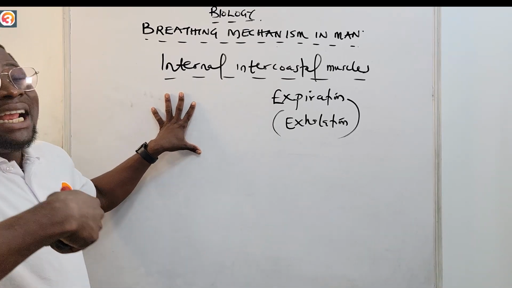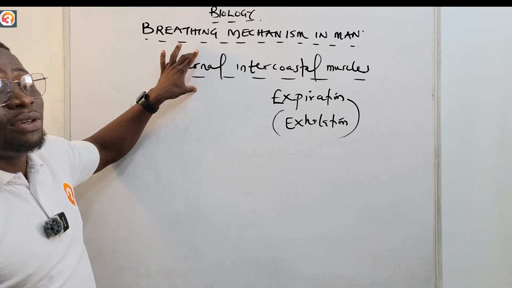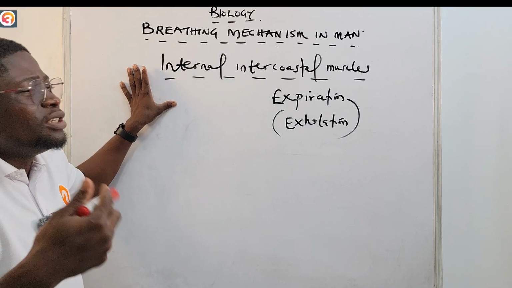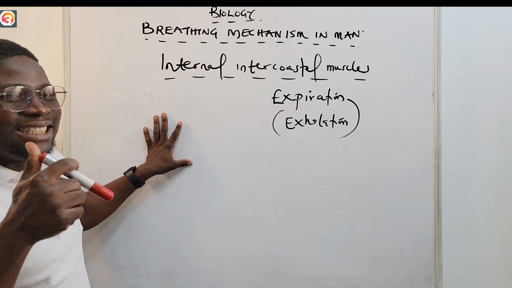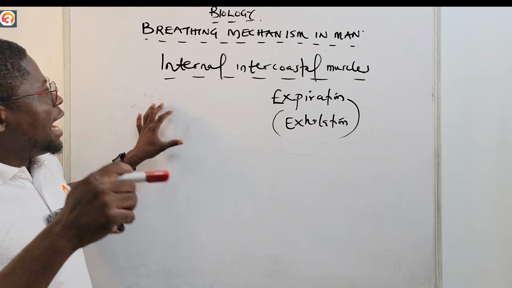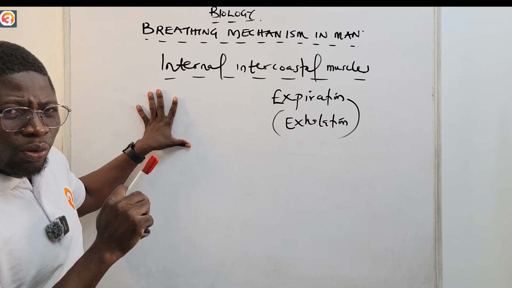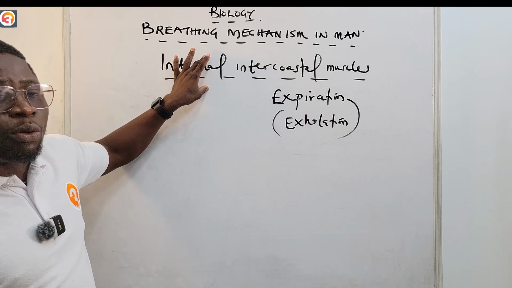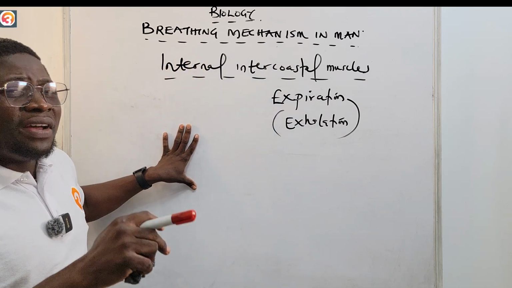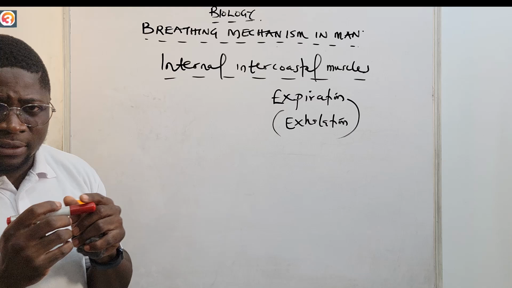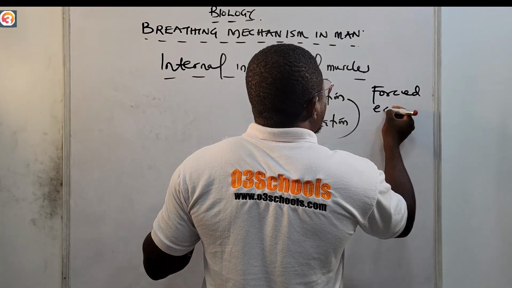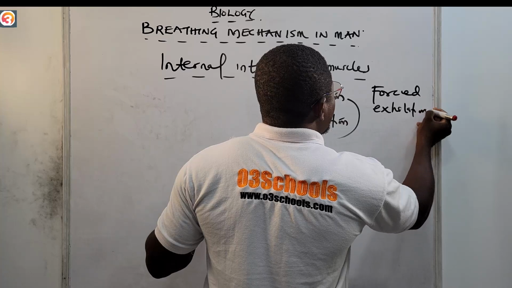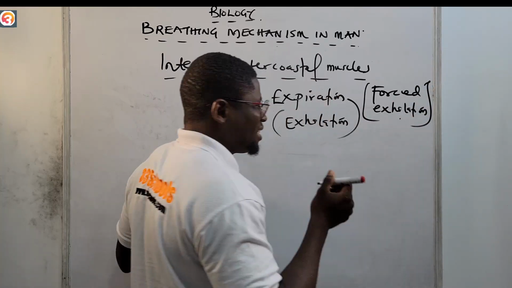So the internal intercostal muscles are mostly involved during expiration, or exhalation. Apart from this, it is very important to know that they are very useful during forced breathing, forced exhalation.